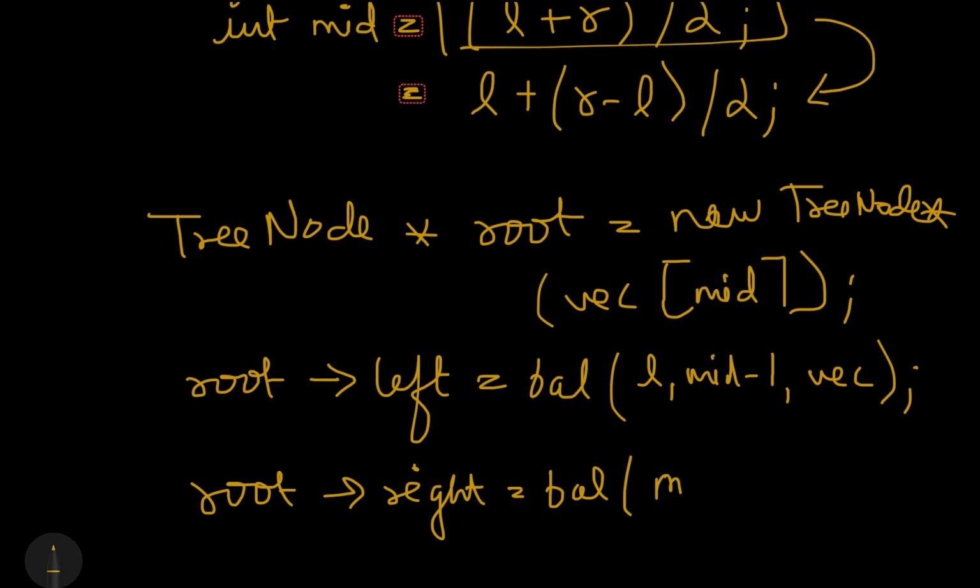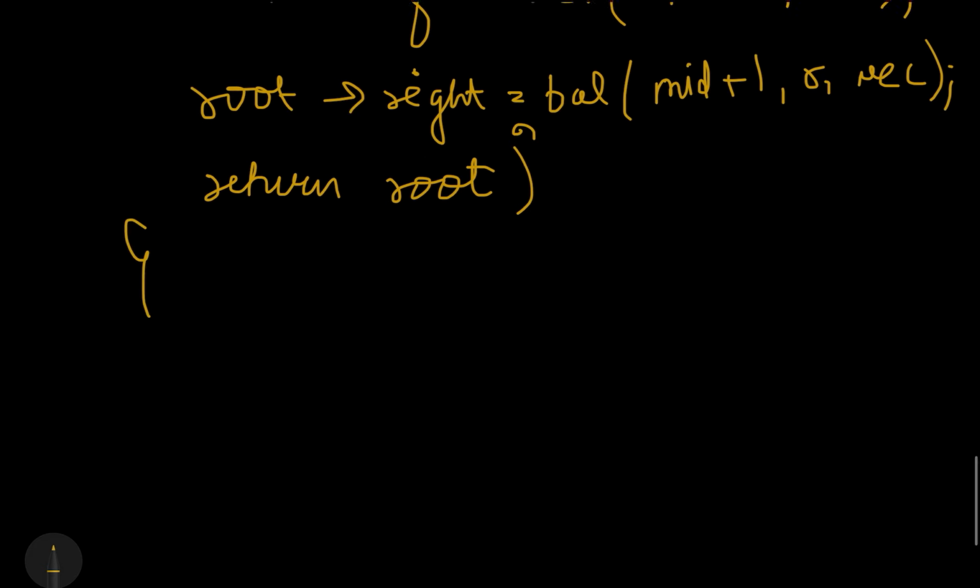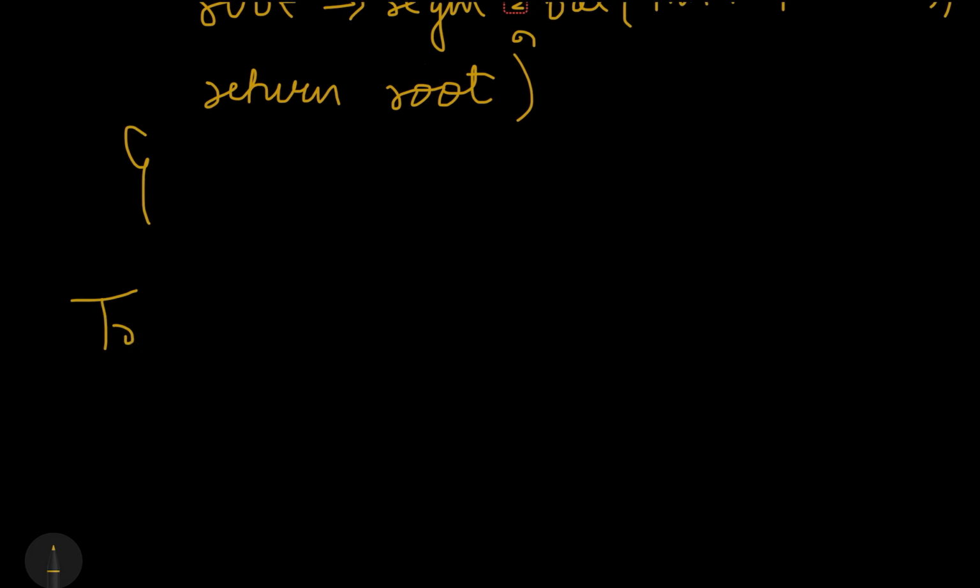Similarly, here we will call the balance function starting from mid plus 1 comma R comma vector. Okay, and at last we will return our root. This will give us our balanced binary tree.